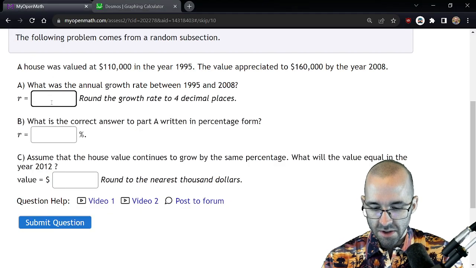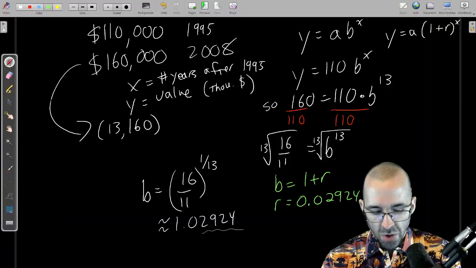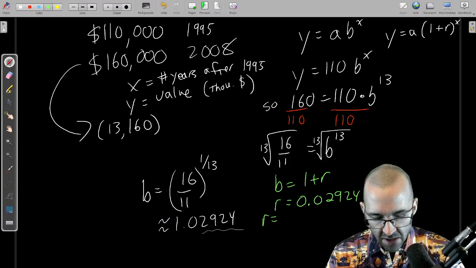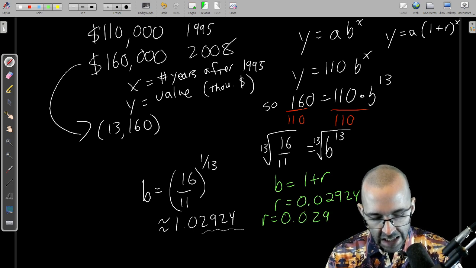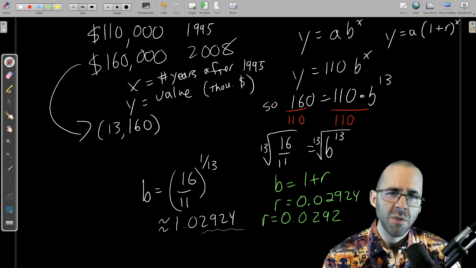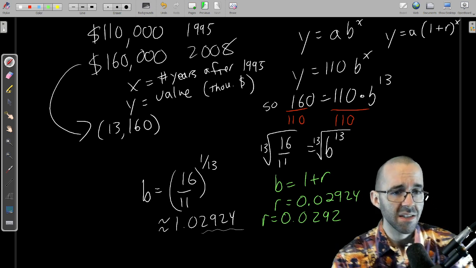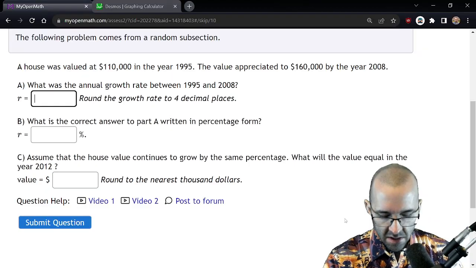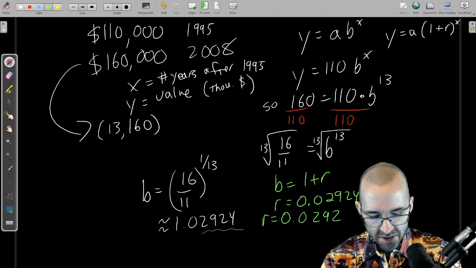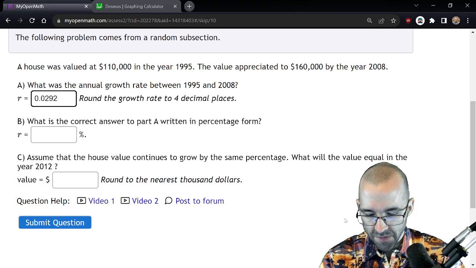R is equal to, and it says round it to 4 decimal places. Oh, I have 4 significant figures. 4 decimal places, it'll be 0, 2, 9, 2 is 4 decimal places. 4 significant figures is usually best. But let's follow the instructions. 0.0292.